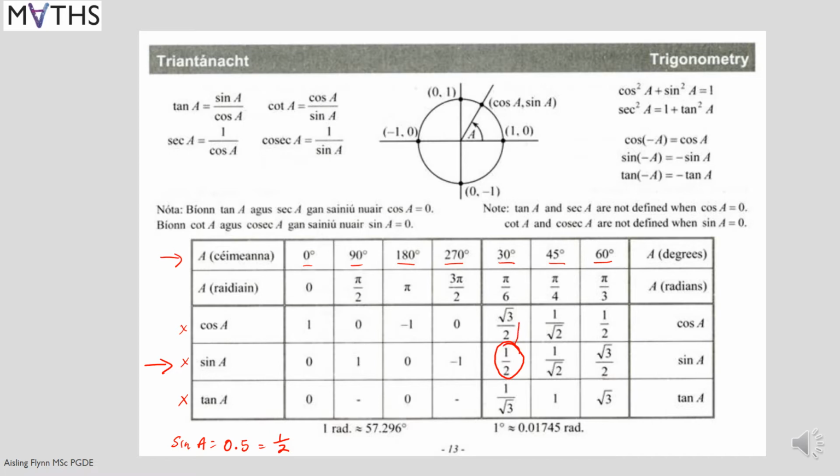If we track that upwards to the angle, we'll see that 30 degrees was the angle that gave that sine. So for some commonly repetitive angles, you can get the answers from here. Underneath the 30 degrees is the same angle in radians. Occasionally you might be asked to work in radians, so just be aware that that's there.